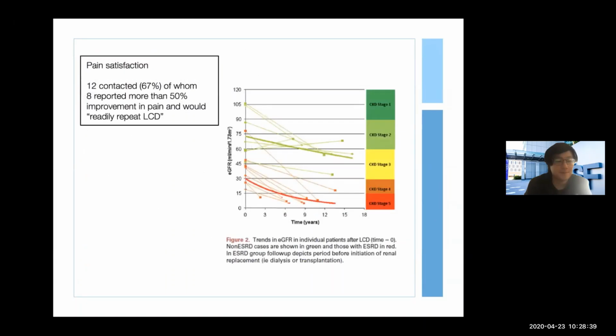Many of these patients, about 67% who were contacted, again, small numbers, would have done it again if they had the opportunity. So I think that the pain control side of this is real. But if you look at trends in their declining GFR, you can see that most of these patients still had a substantial decline in their GFR over the 10-year period.